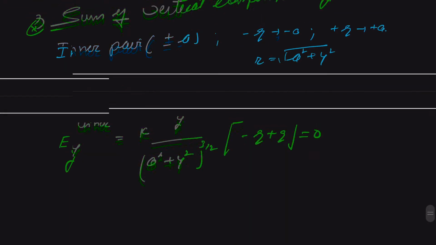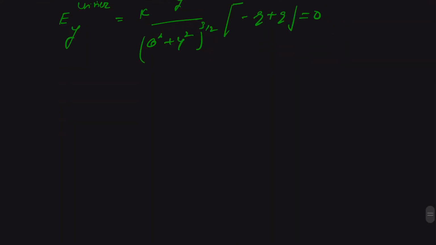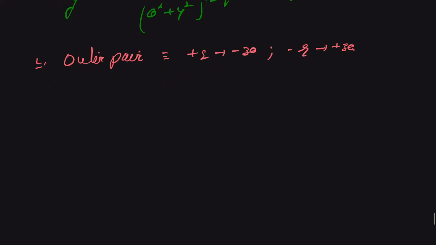Now this was our inner pair, and then we come to our outer pair. For the outer pair, we are given that plus q is at minus 3a, and minus q is at plus 3a, and r is equal to the square root of 9a square plus y square.